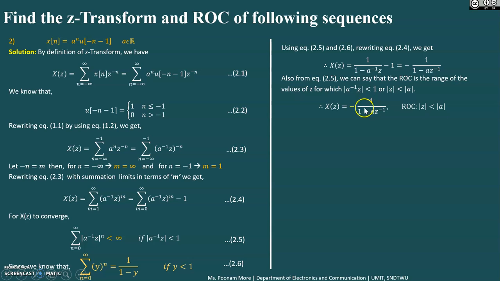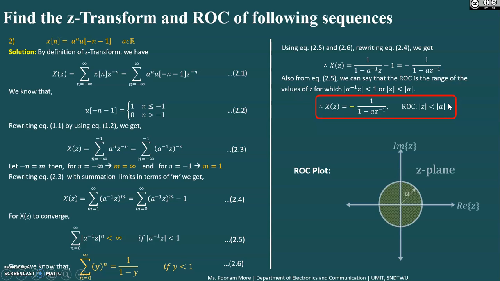Therefore, the complete expression for the z transform of the given sequence along with the ROC is x of z is equal to minus 1 upon 1 minus a z raised to minus 1, and the region of convergence will be the values of z where the magnitude of z will be less than the magnitude of a. So the plot for the ROC will be nothing but the area inside the circle whose radius is equal to a.